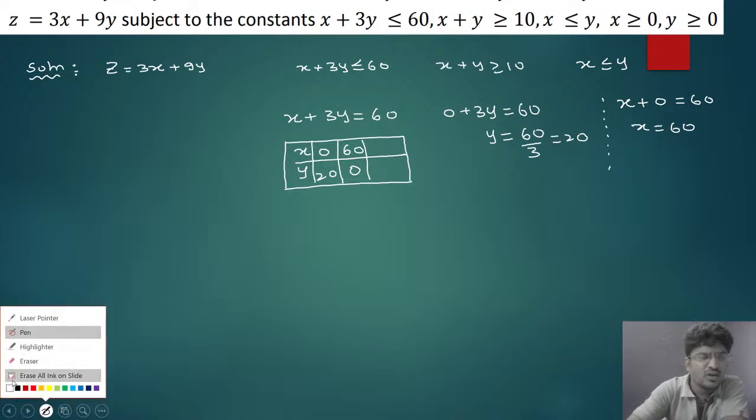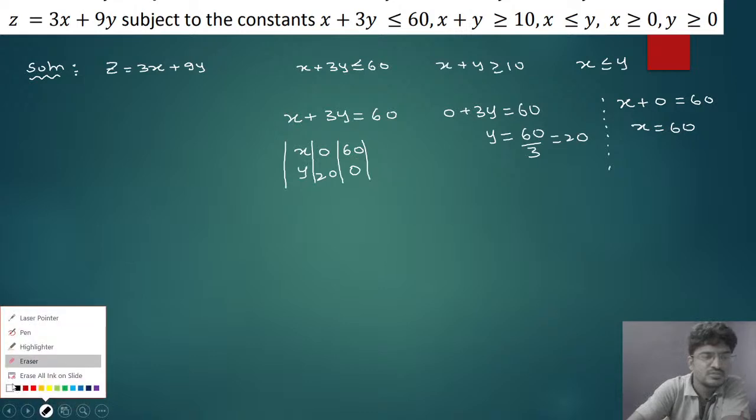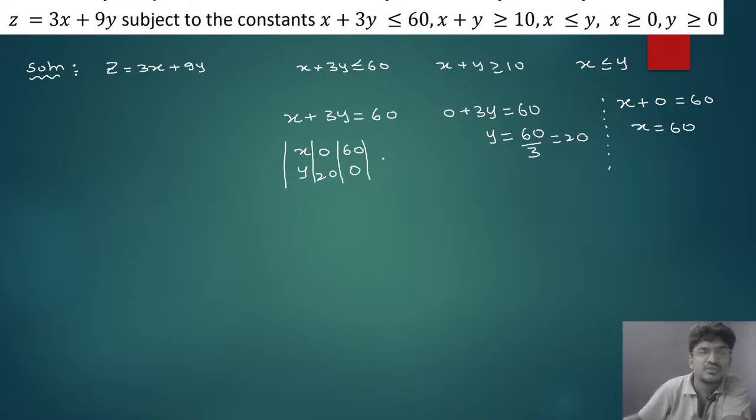Have you understood how I have simplified this? If x is 0, 3y equals 60, so y equals 60 by 3, that is 20.